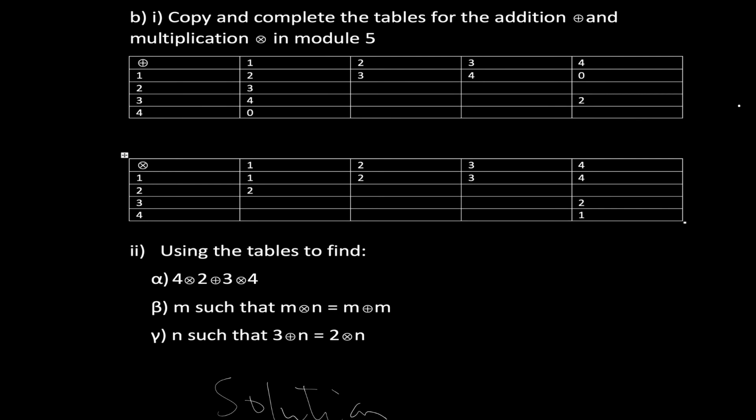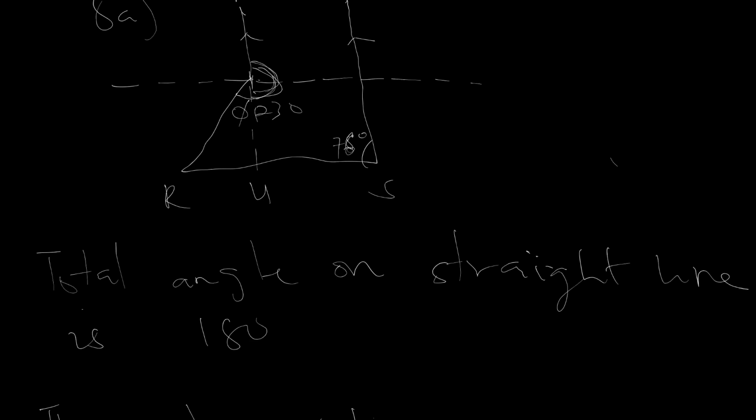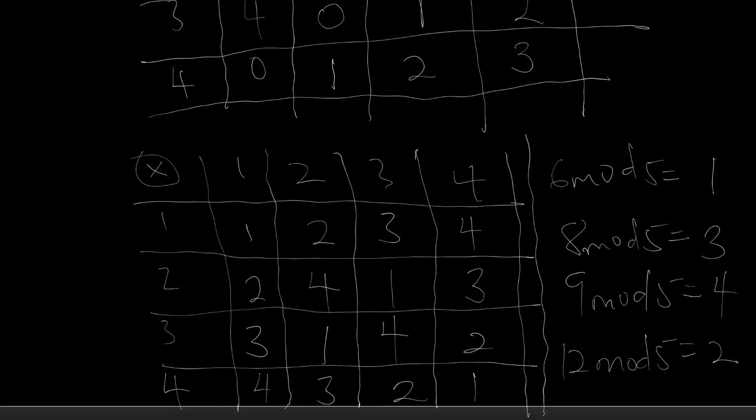It says, using the tables to find alpha, 4 times 3 plus 3 times 4. So we have 4 times 2 plus 3 times 4. So from the table, we know 4 times 2 is 3.